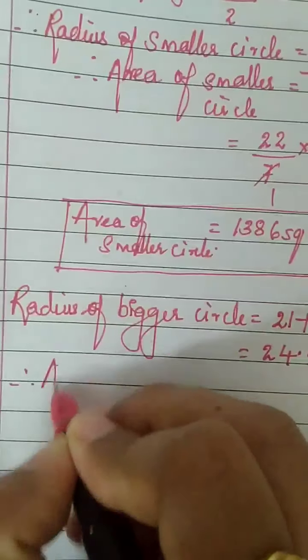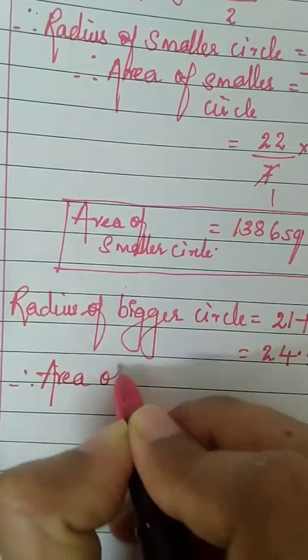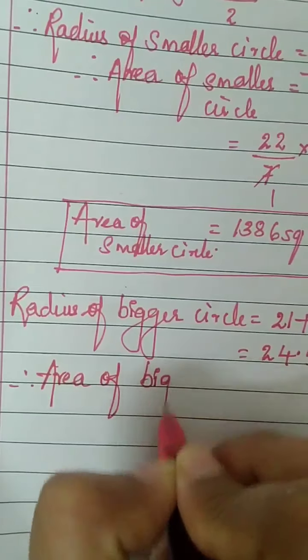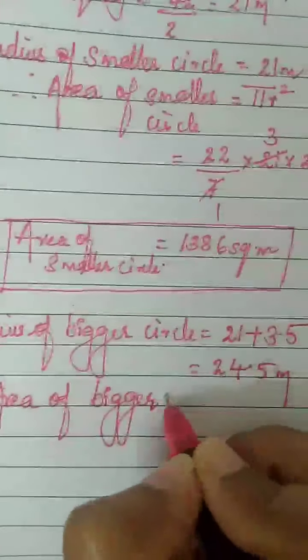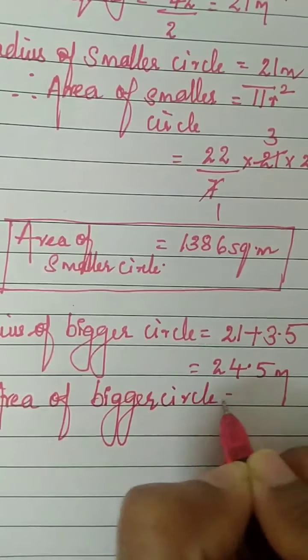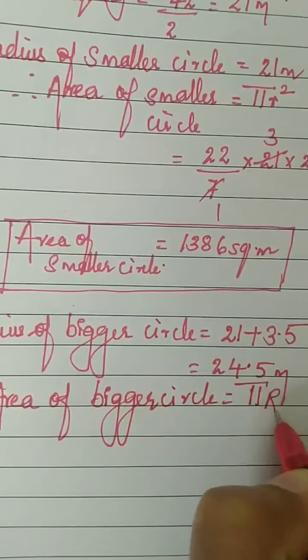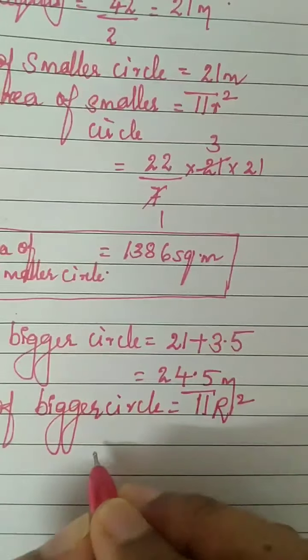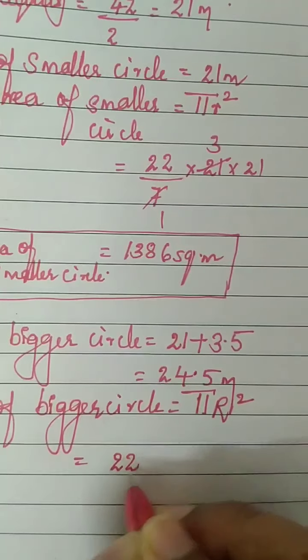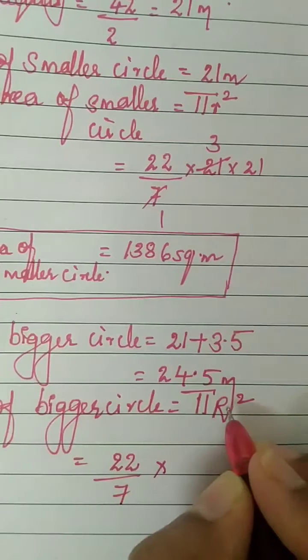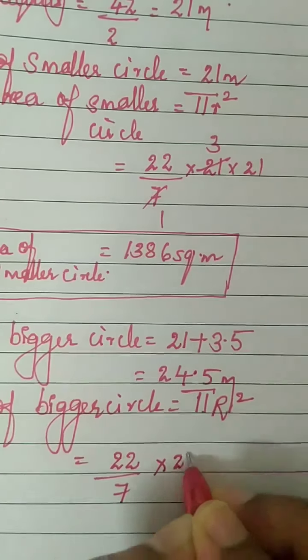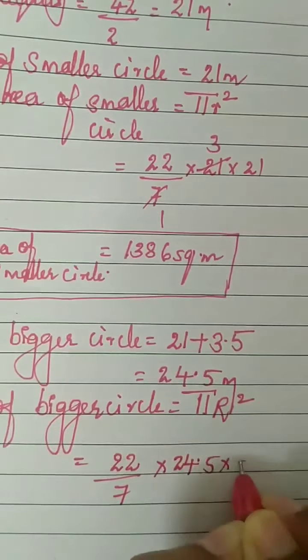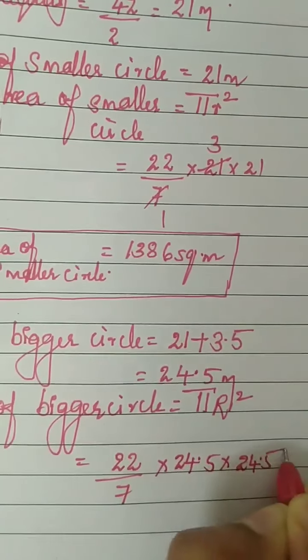Therefore, area of bigger circle will be pi r square. I am using capital R for the bigger circle, which is equal to 22 upon 7, pi's value, R we got 24.5, into 24.5.